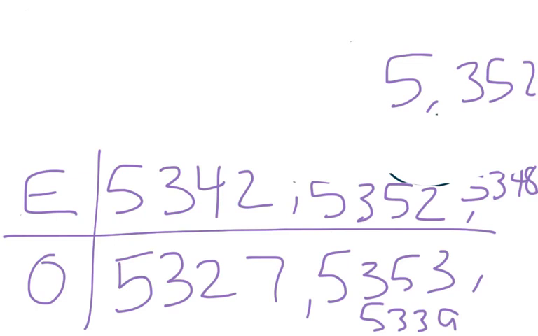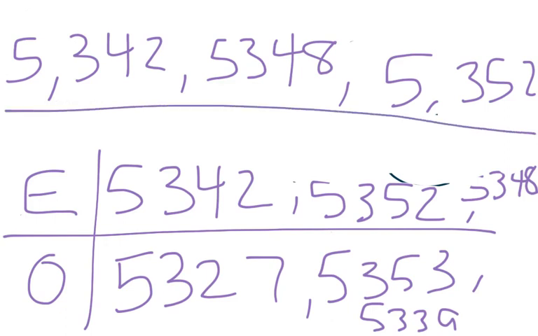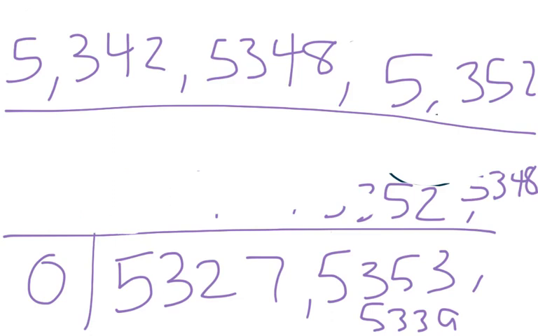And then we have in the ones place a 2 and an 8. So we're going to do 5,342 and 5,348. So those are in the evens column. Now we've ordered those. Let me erase these. We've ordered the evens. Now let's order the odds.